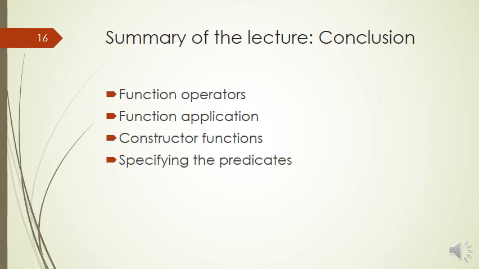Thereafter we used constructor functions in order to build a new type after merging declared basic types, and then at the end of this lecture we learned how to write a predicate by using function variables and operators for the function variables.